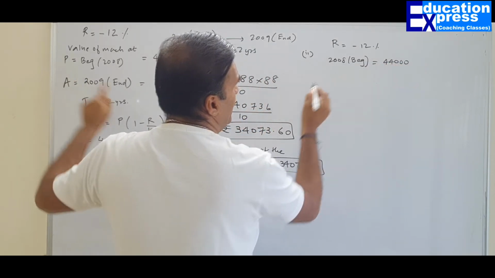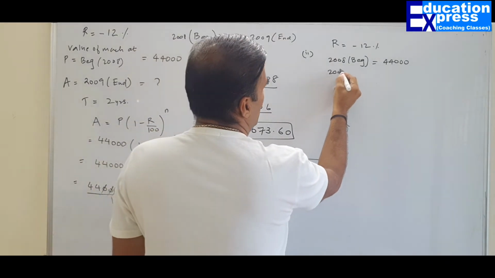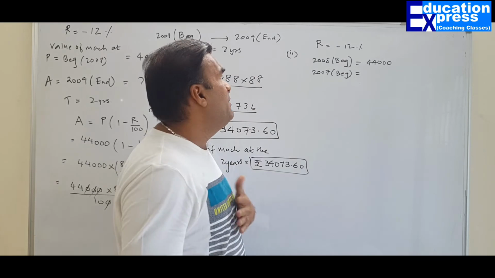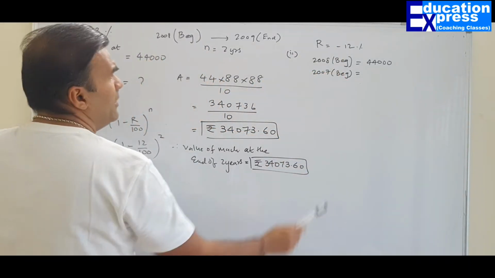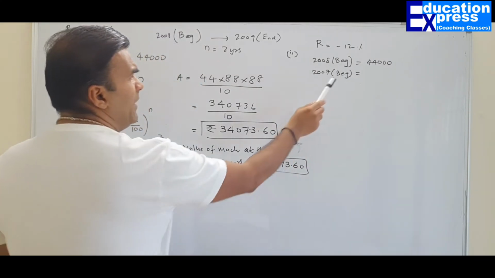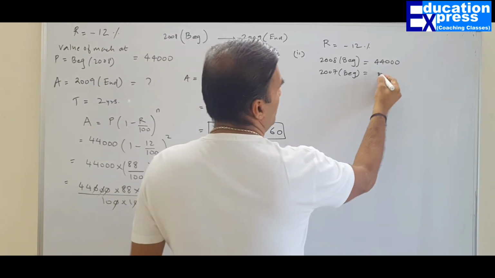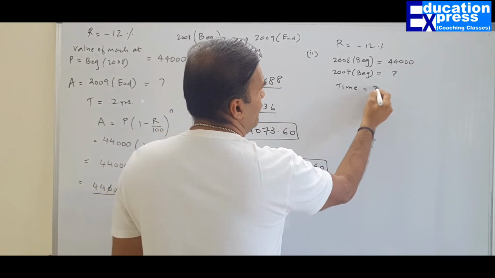What we have to find? We have to find the value at the beginning of 2007. Independently, the rate is given, 12%. Beginning of 2008, 44,000. Beginning of 2007 we don't know. So time we have to find out.